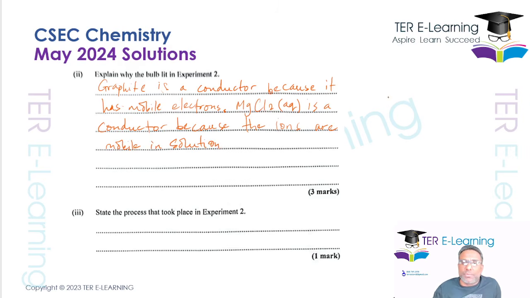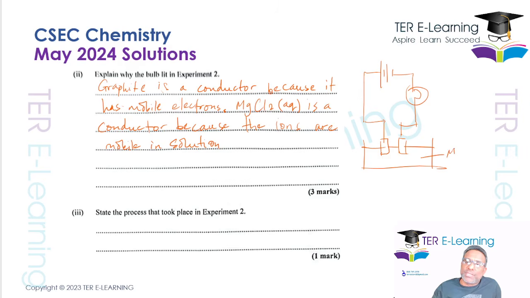Right? So basically what you have here, you have a power supply, you have your graphite electrodes here, and you have a bulb in the circuit. And the bulb is lighted. The bulb is going to light here. So what's happening here is that you have this solution of magnesium chloride, which is MgCl2 aqueous, so therefore you expect the bulb to light.